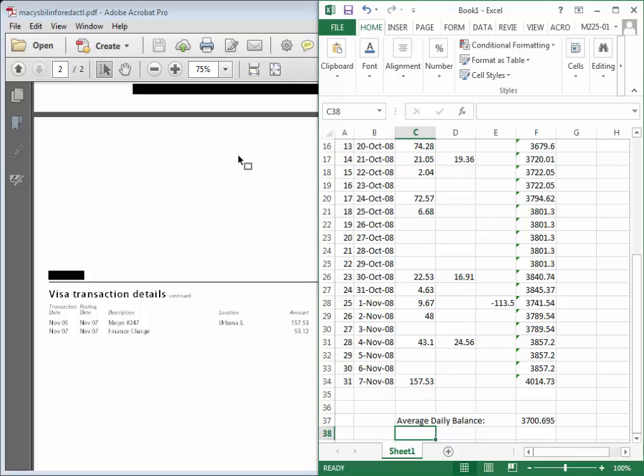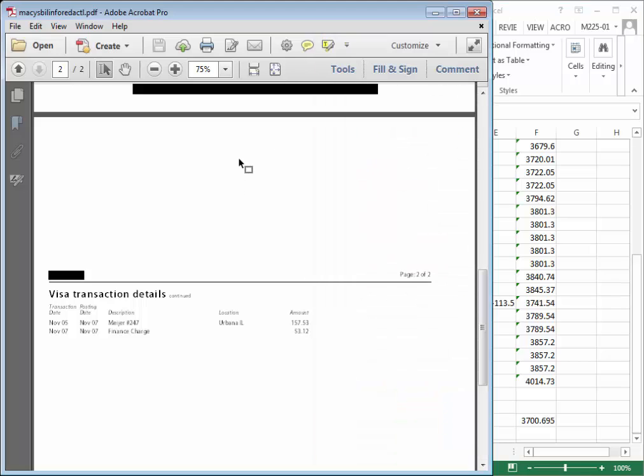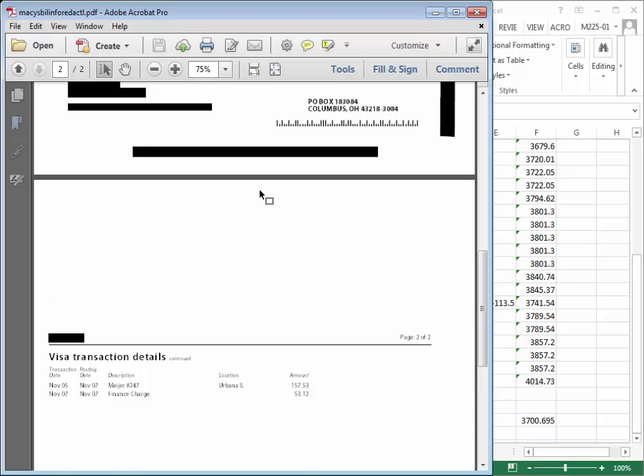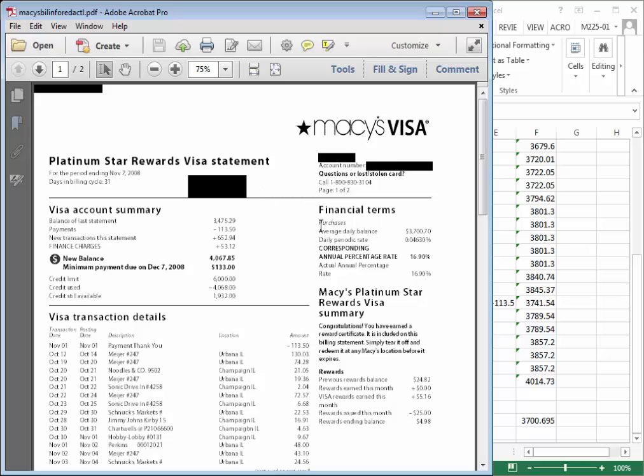And it says that the average daily balance was $3,700.69. Well, that's exactly what it says on the statement for average daily balance. So it looks like I computed this right.